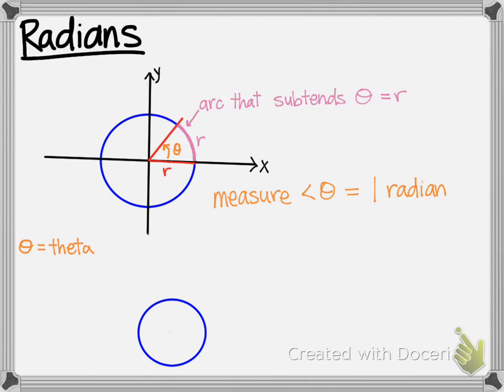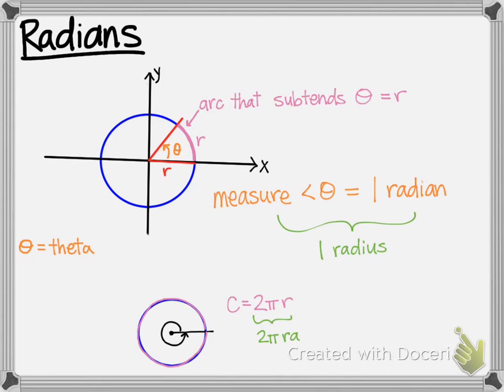Now, if we consider one full rotation, so all the way around, we know that that is a circumference of 2 pi r. And when we think of this 1 radian, it's like 1 radius that we saw. This would be 2 pi r, or 2 pi radiuses, so to speak.